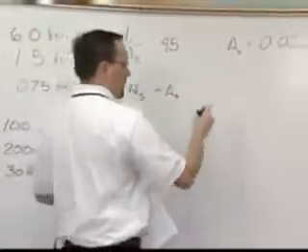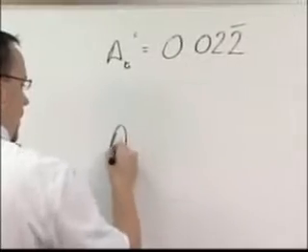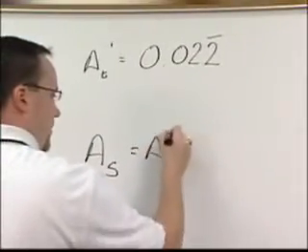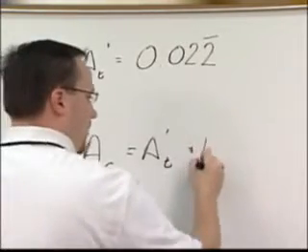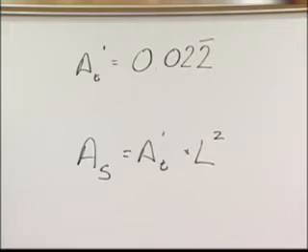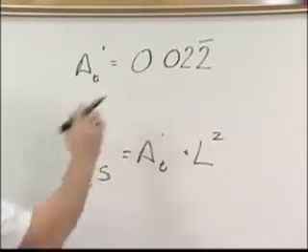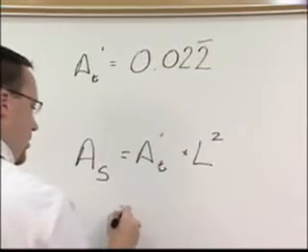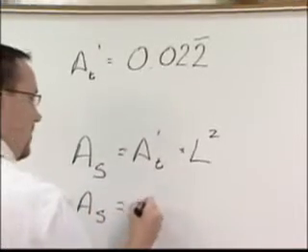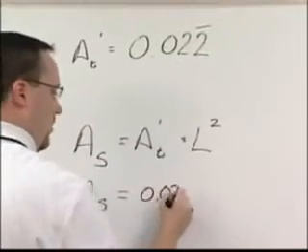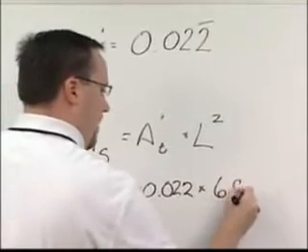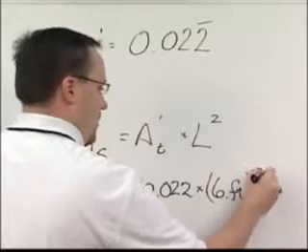All right. So what we're going to do is we're going to say our actual dimensional area is going to be equal to A t prime times length squared. In our case, length is 6 feet, and A prime is this number. So area of our ship's rudder is going to be 0.022 times 6 feet squared.